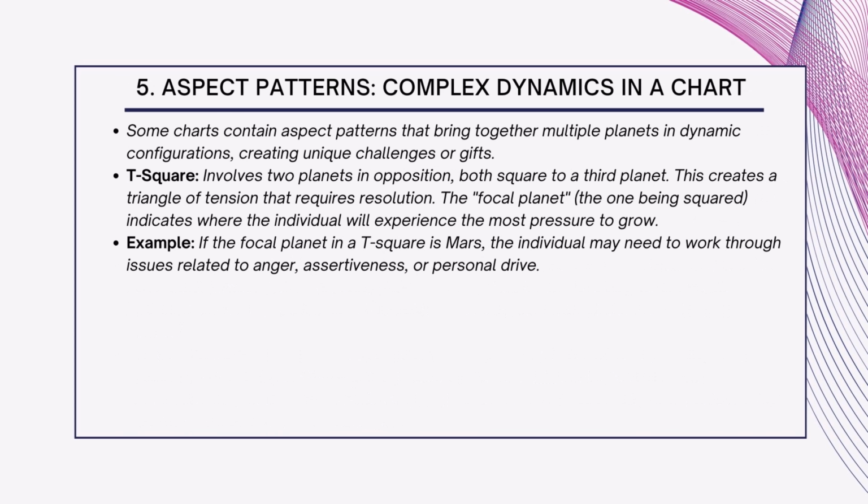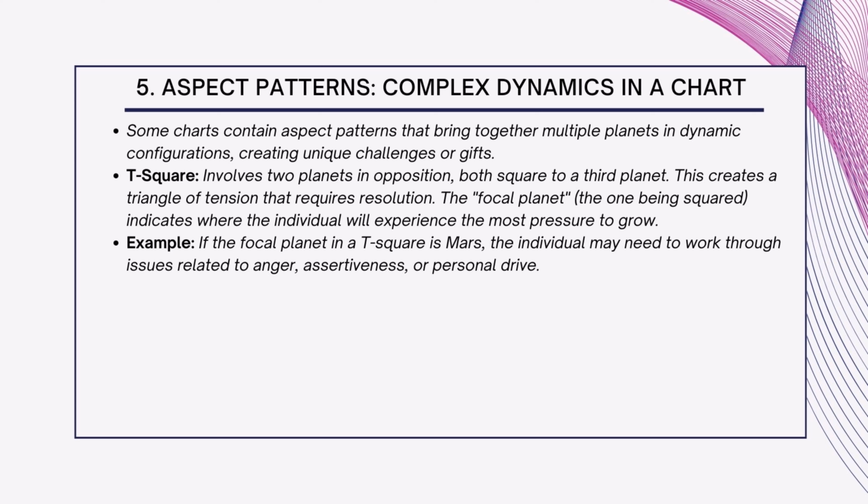5. Aspect patterns, complex dynamics in a chart. Some charts contain aspect patterns that bring together multiple planets in dynamic configurations, creating unique challenges or gifts. T-square involves two planets in opposition, both square to a third planet.